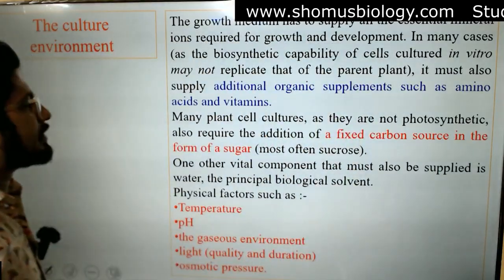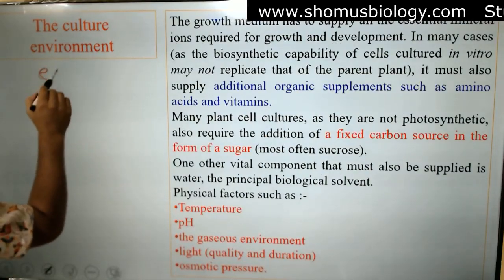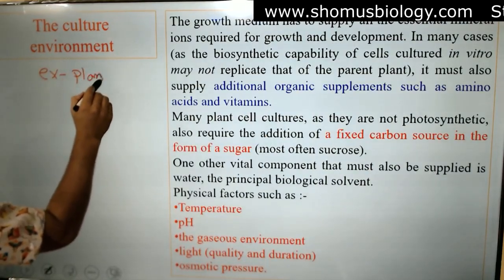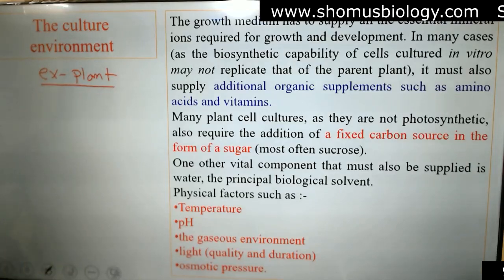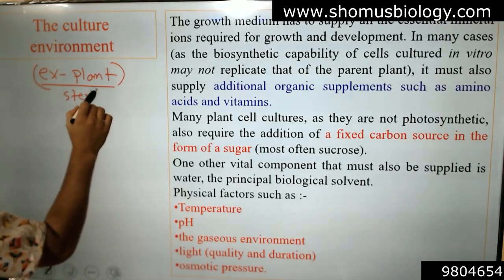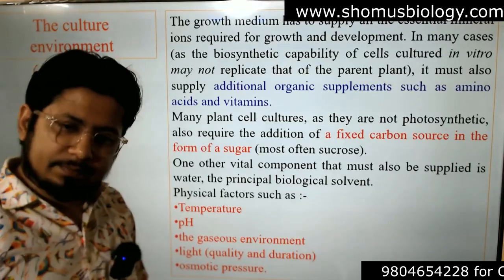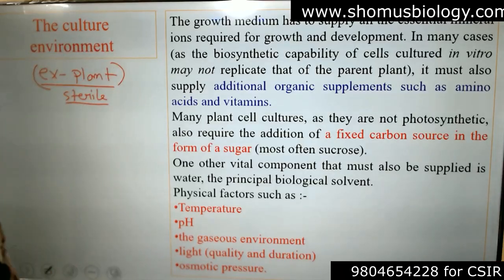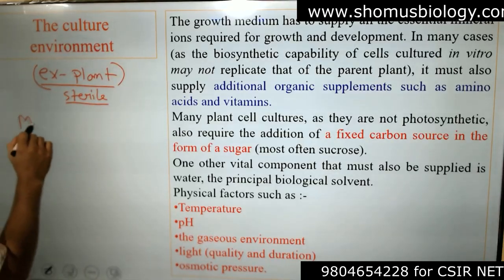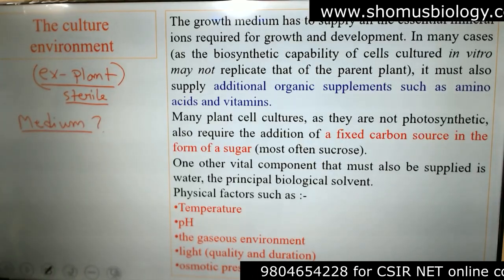So the plant tissue culture process requires first of all an explant. What is an explant? The tissue we want to culture, and this explant needs to be sterile. We also need to sterilize the medium, and then you put the explant into the medium. Now when we say medium, what do we have in the medium?